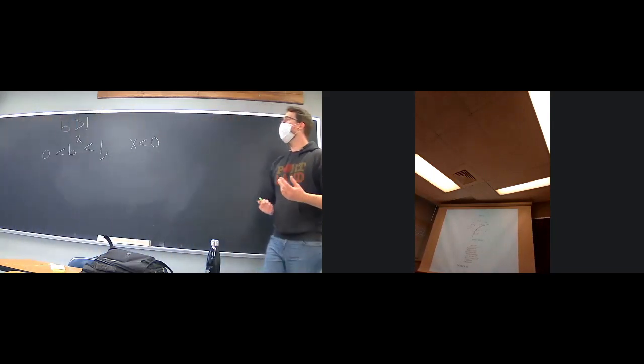Another fun fact here, anytime you have a function and its inverse function, if you know the graph of the function, the graph of its inverse function will be reflected across the line x equal to y. So because we know the graph of the exponential, we know the graph of the logarithm. Cool.